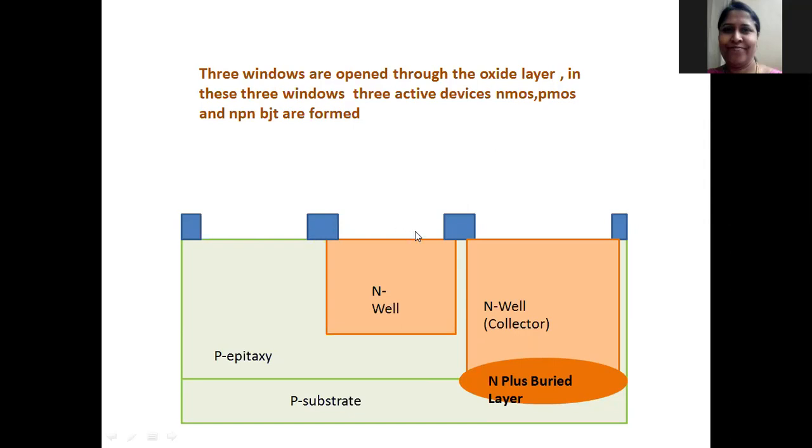So this is also here exposed. Let us see now what are these three windows that are created for. These three windows are going to give us NMOS, PMOS and NPN-BJT.